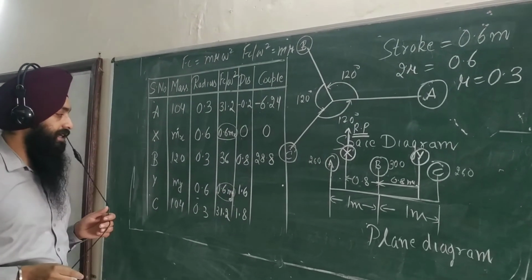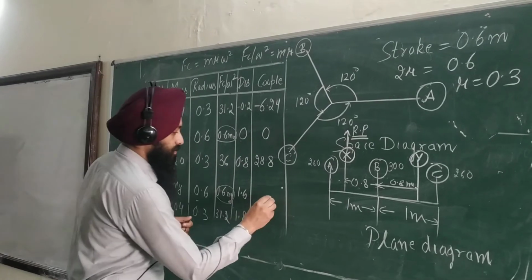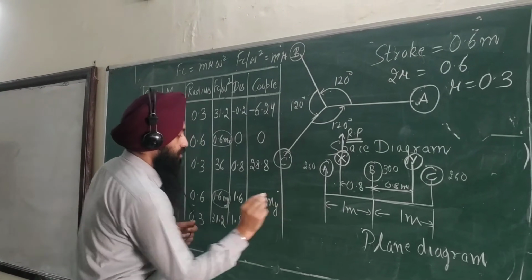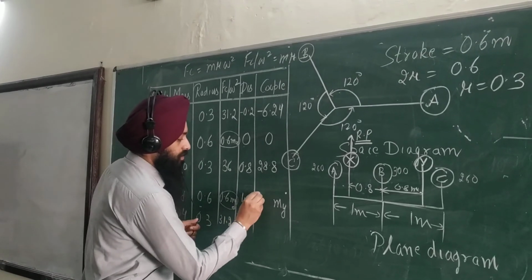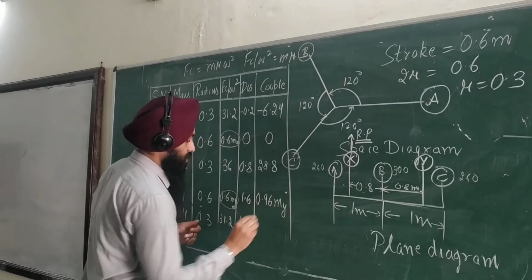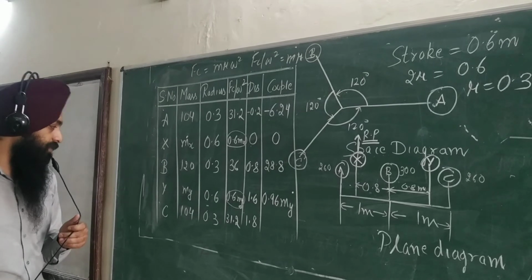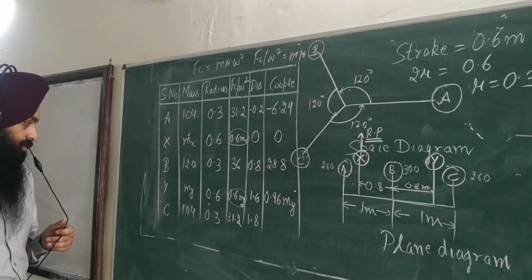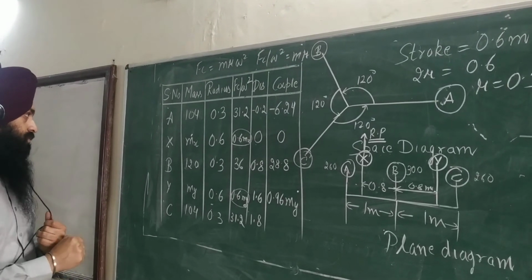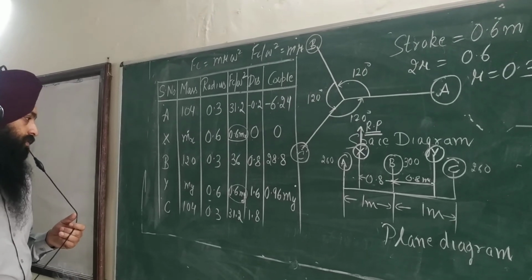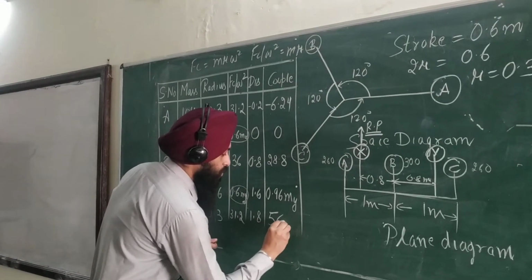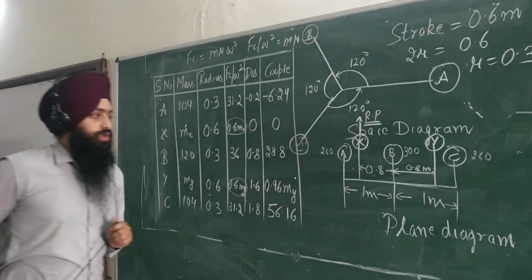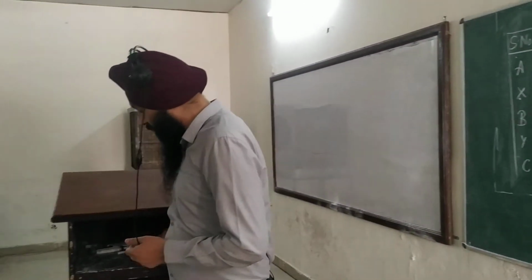Then 1.6 into 0.6 is 0.96. 1.8 into 31.2 is 56.16. So these are the values for the couple polygon.